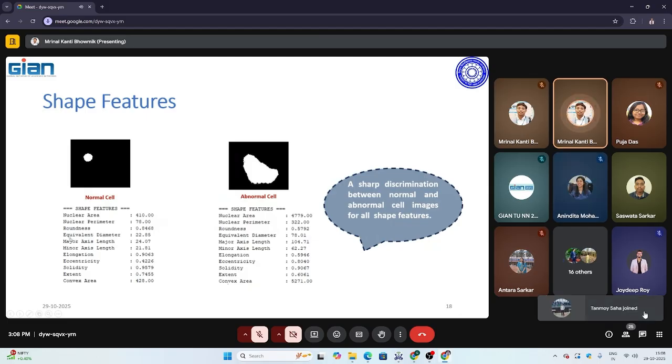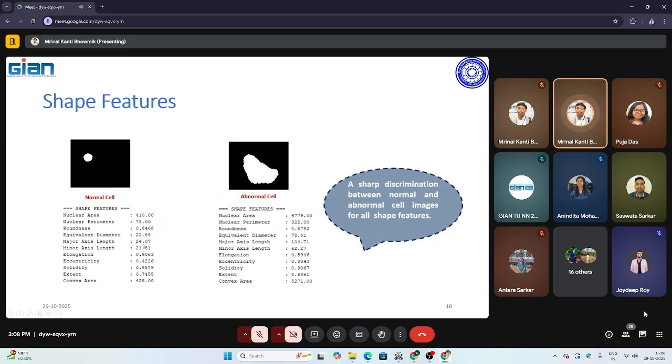Next is equivalent diameter. It is also much higher in the abnormal cell: for the normal cell it is 22.85, whereas for the abnormal cell it is 78.01.